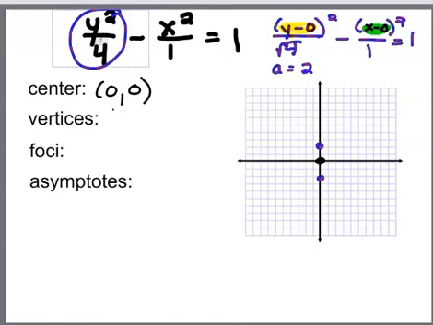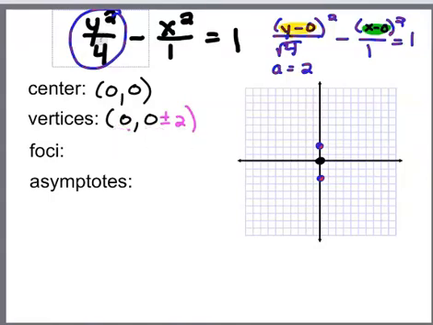Now if we're writing that out, remember the center is 0 and it's the y that's affected. So what did we just do? We went up 2, down 2. To the y value, we added and subtracted the square root of 4, which is 2. So our two coordinates are 0, 2, and 0, negative 2.